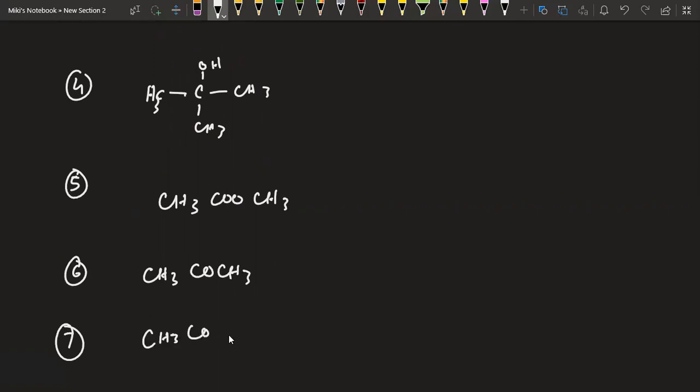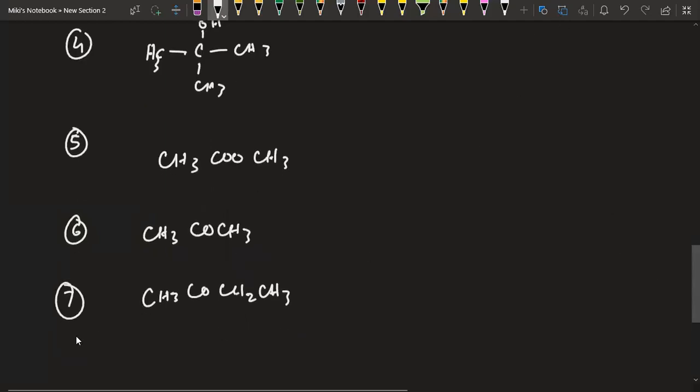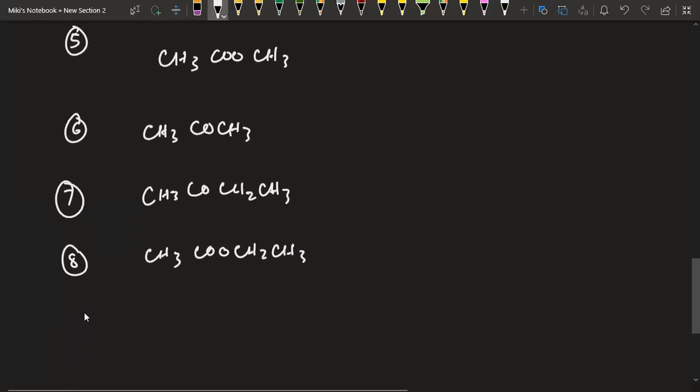CH3, CO, CH2, CH3. CH3, COO, CH2, CH3. I would urge you, for each of them, pause the video and write by yourself. One hint I can give is, for each molecule, you can draw the displayed formula. Draw the displayed structure and then try to identify, because displaying them makes it easier for you to identify how many environments there are.